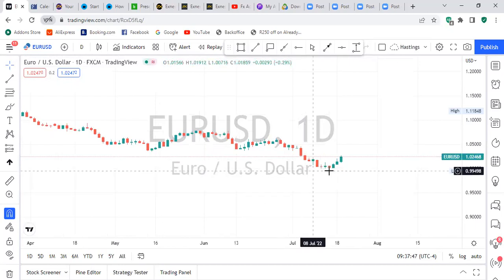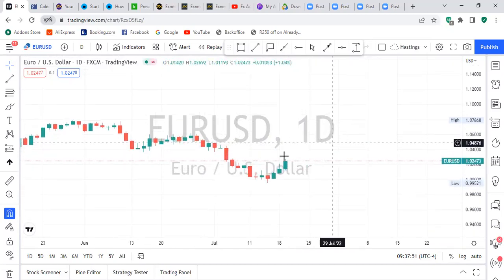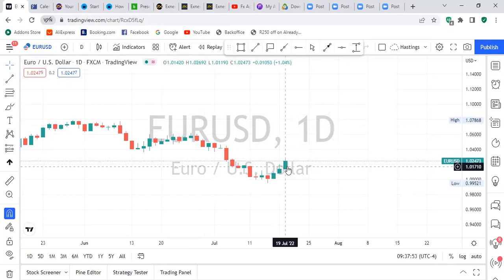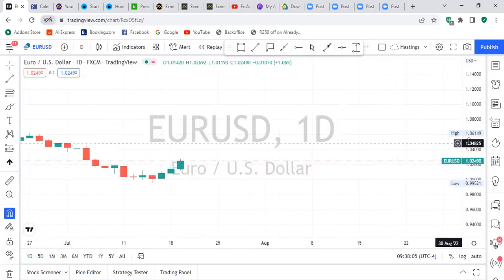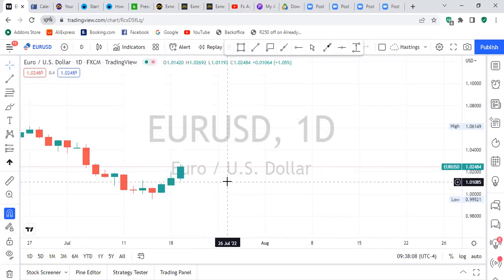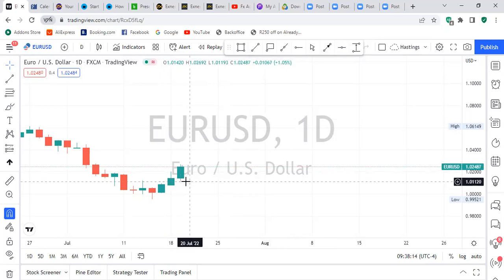So for example, let's take this. I'm going to increase this. This bullish candle here. A candle has got an opening price and a closing price. On this bullish candle, this is the opening price right here on this pin.